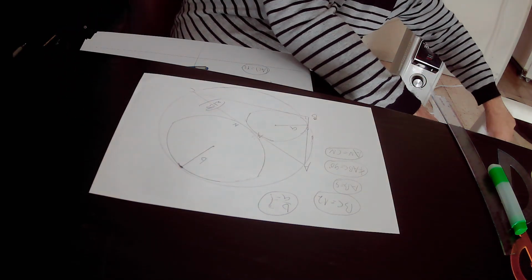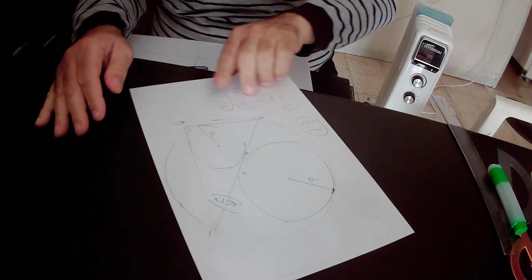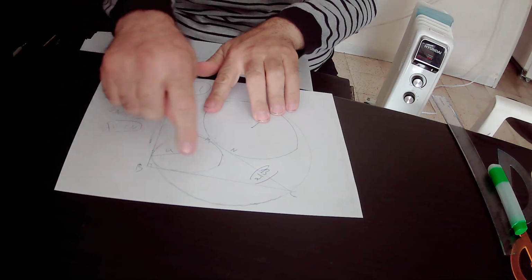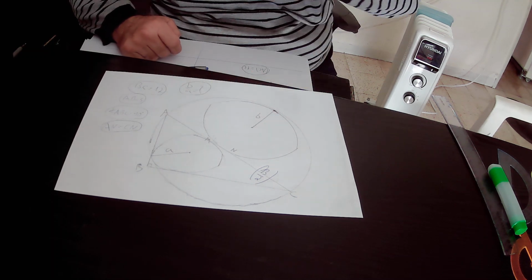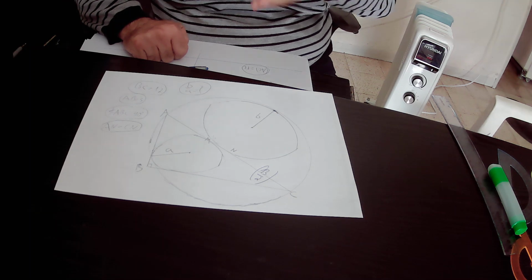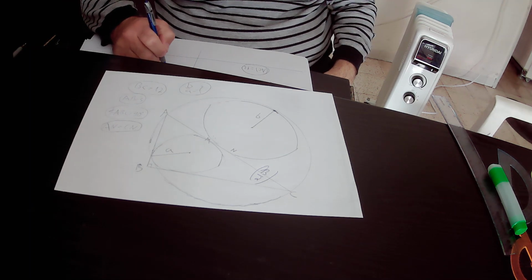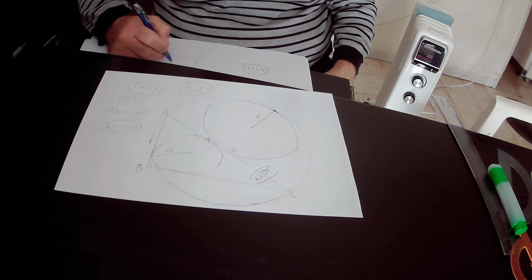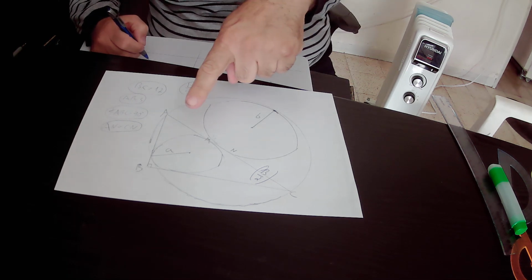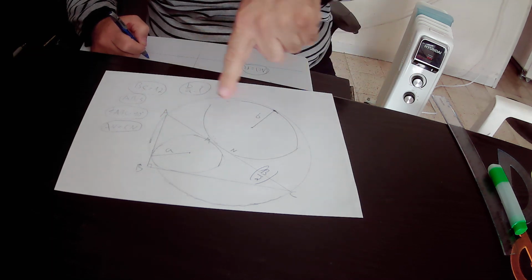In our drawing, we have the right triangle ABC. This right triangle ABC blocks this circle, and the radius of this circle is A. According to rule number 8, we get that A, the radius of this circle, will be equal to AB plus BC minus AC over 2.